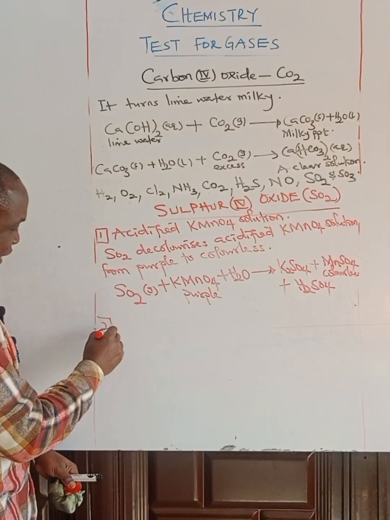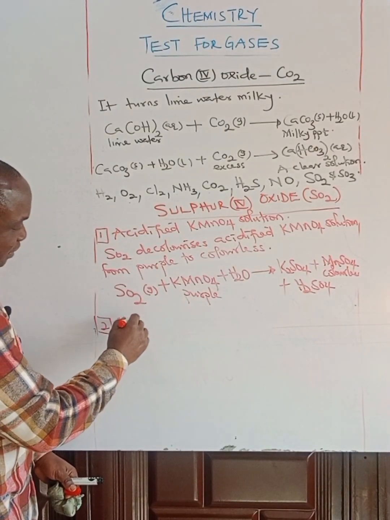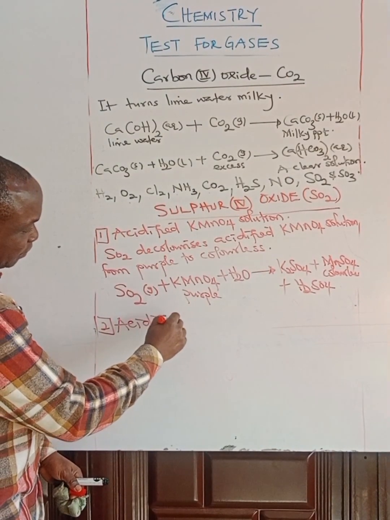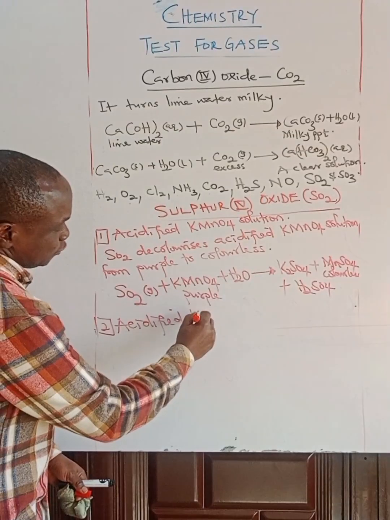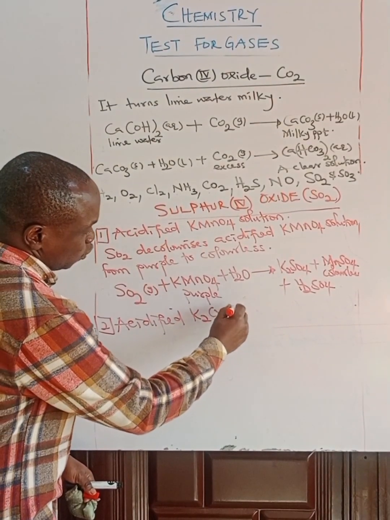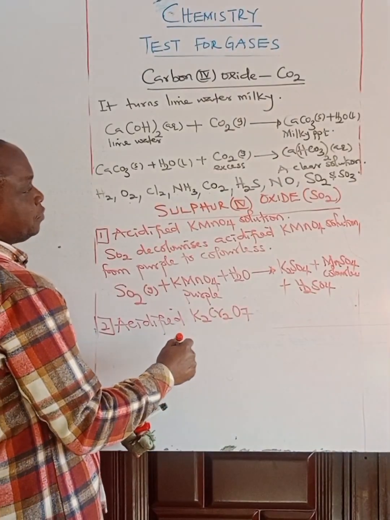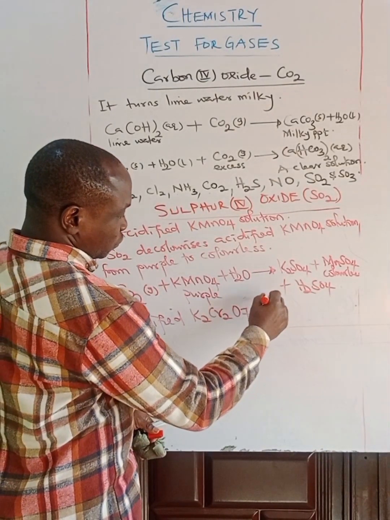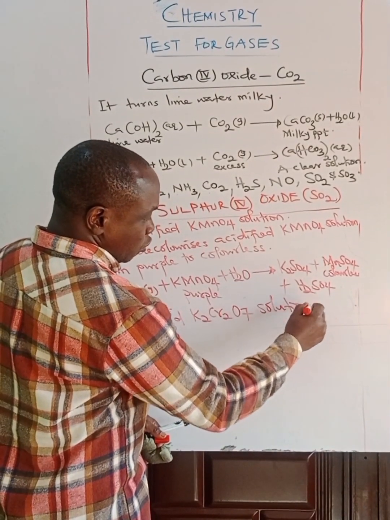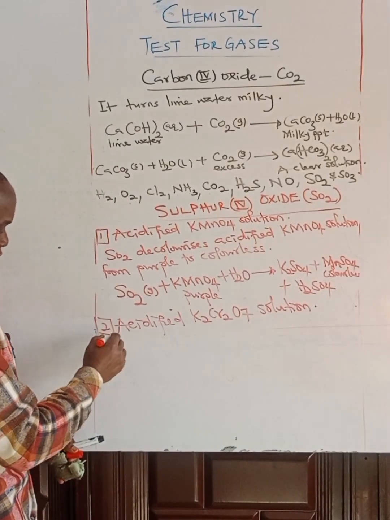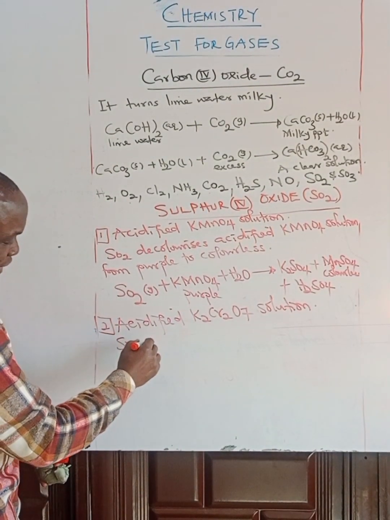The same thing here. You can use acidified K2Cr2O7, potassium dichromate(VI) solution. You know it to be golden yellow or orange. So SO2 decolorizes it as well.